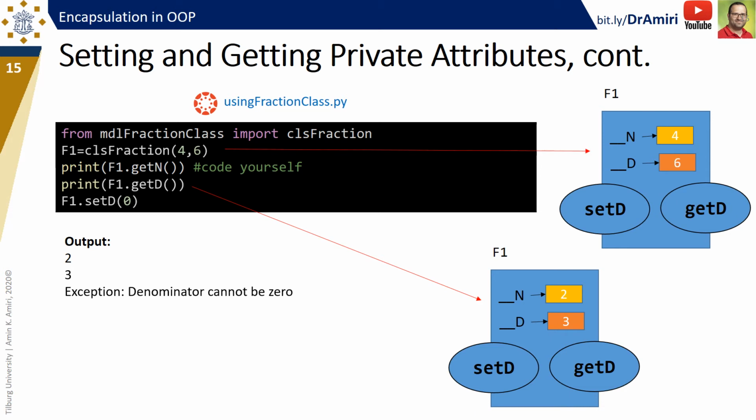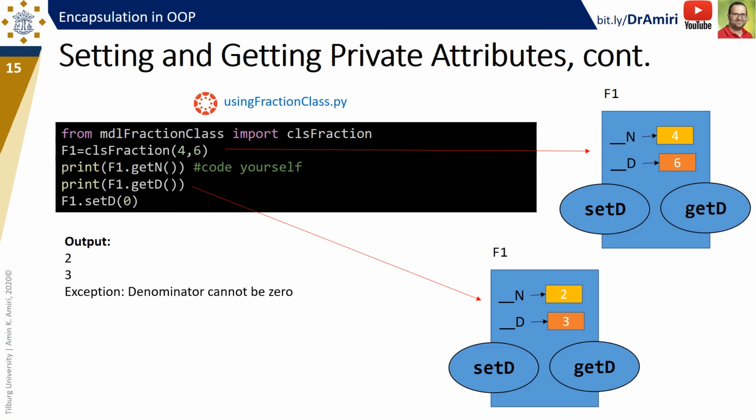If you try to print f1.getD, you would see that behind the scene the private simplify function is executed and turns d and n to 3 and 2. So as a result, when the print function is executed, a 3 is going to be printed.